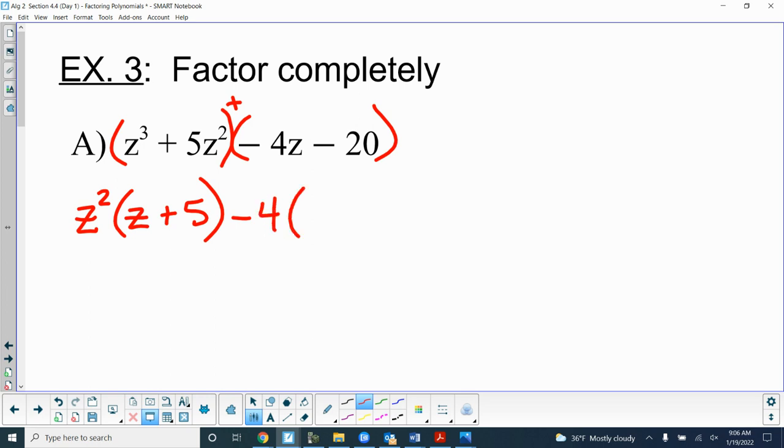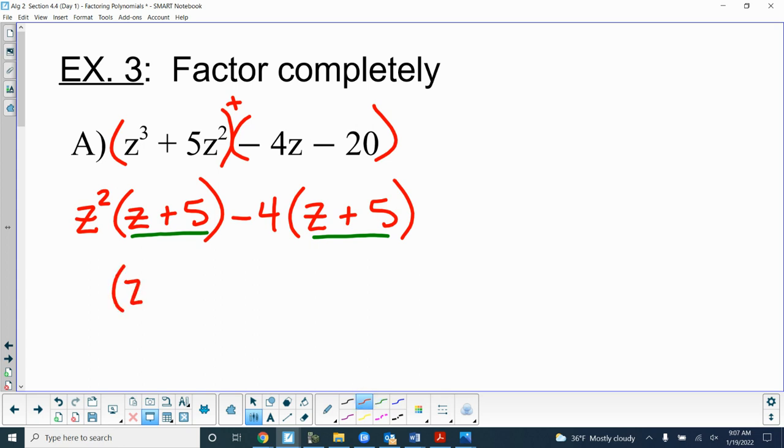So what's negative 4z divided by negative 4? Z. What's negative 20 divided by negative 4? Positive 5. Are these the same? Yes, they are. Is that what we want to happen? Exactly. So what are the two factors now?